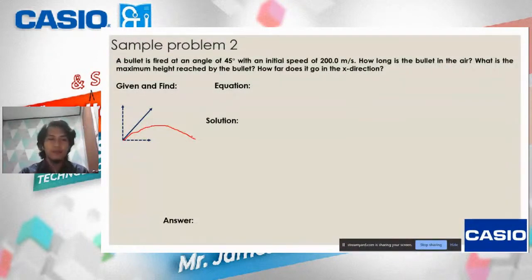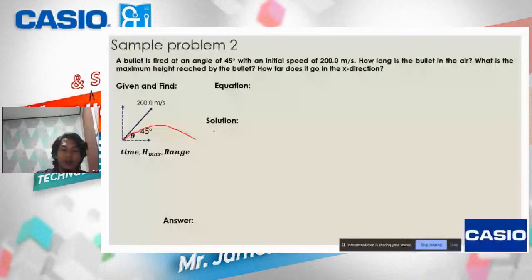Okay? And then, the next question is, what is the maximum height reached by the bullet? Then how far does it go in the x direction? So we're just going to use the equations that we have a while ago. Okay? So we need to find the time, the maximum height, and then the range.